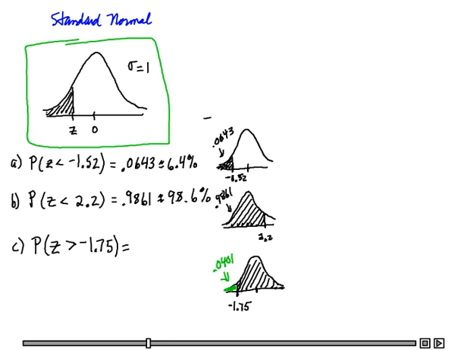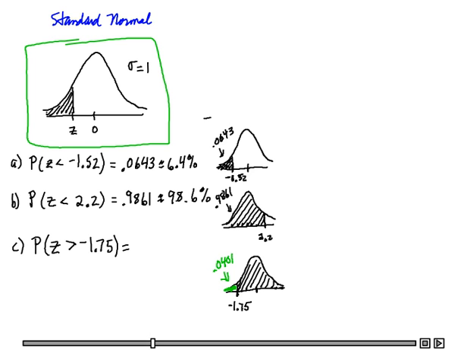So the probability that z would be less than negative 1.75 is 0.0401, but I don't want that. I've got the probability of z being greater than negative 1.75.